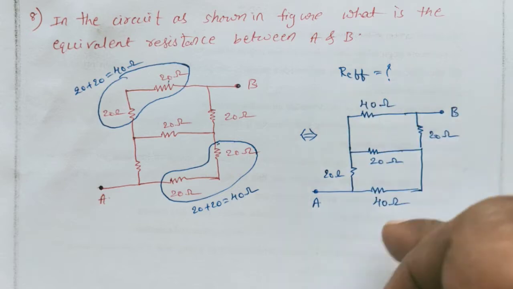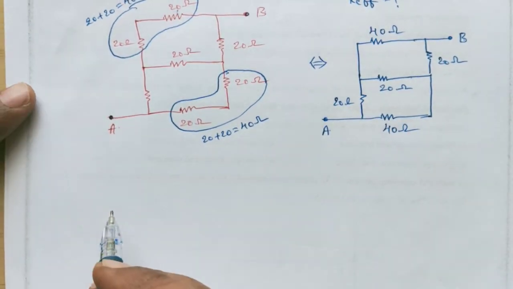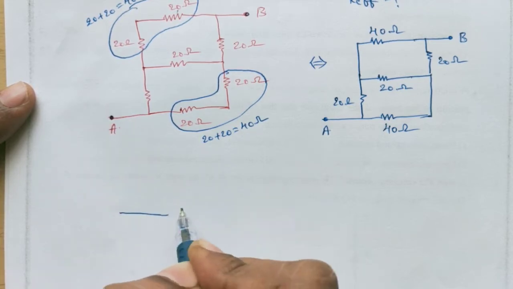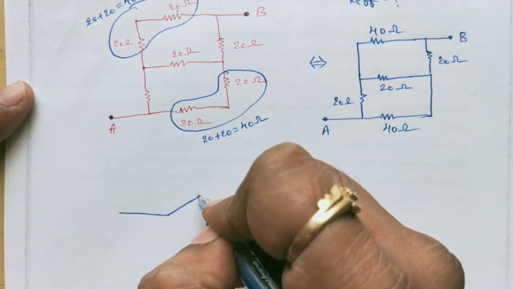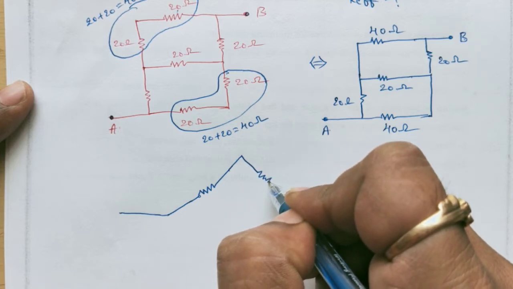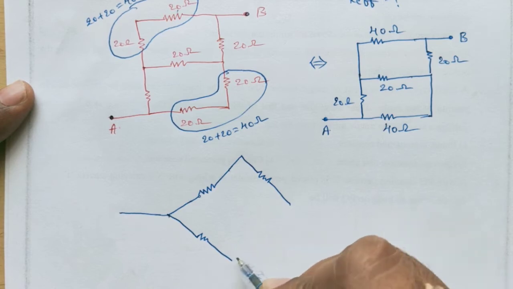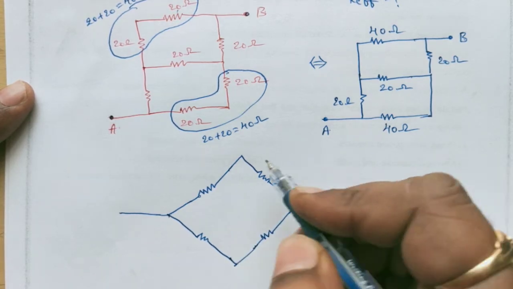So I am rearranging this in the form of a Wheatstone bridge. In general, we know that in a Wheatstone bridge overall 5 resistances will be present. For example, this is one resistor, this is another resistor, this is another, and this is also another resistor.